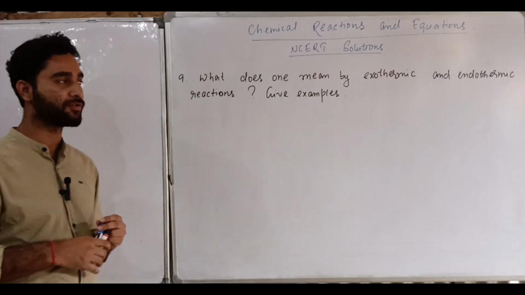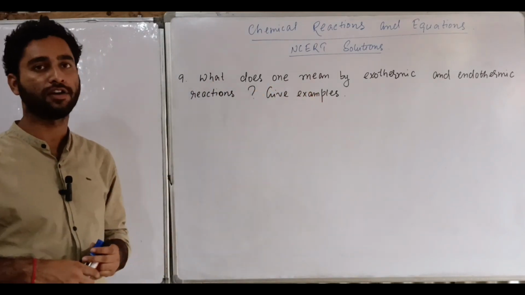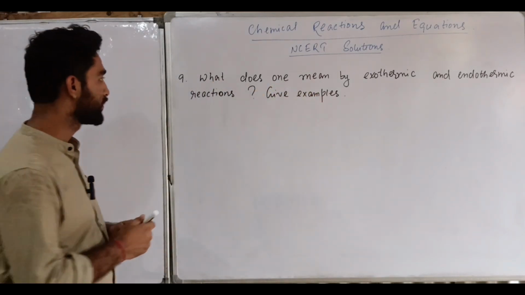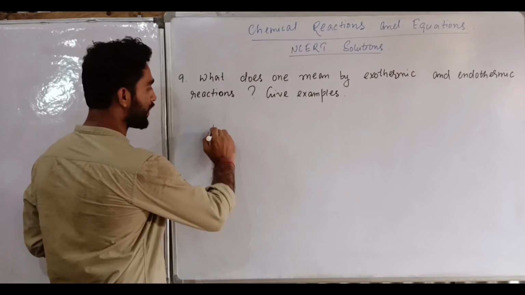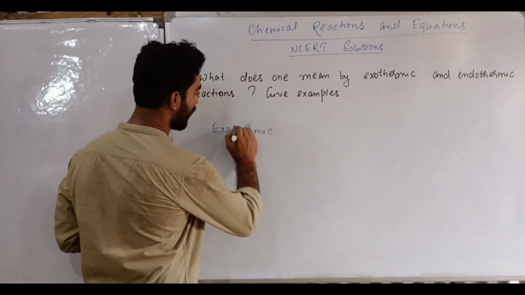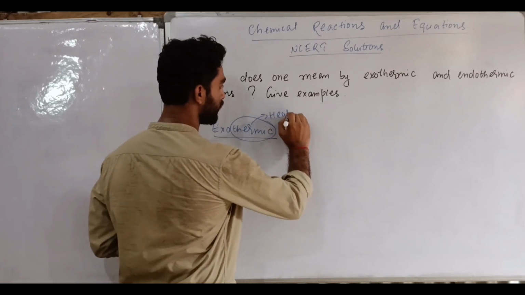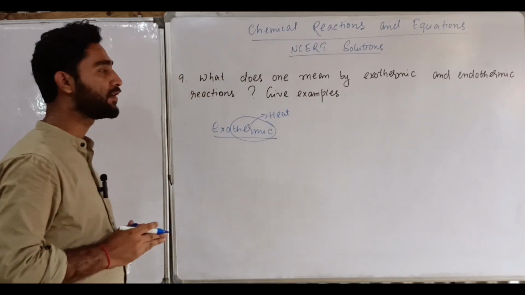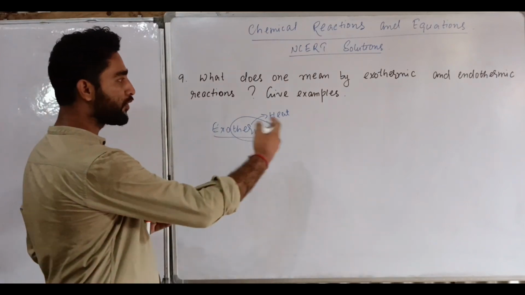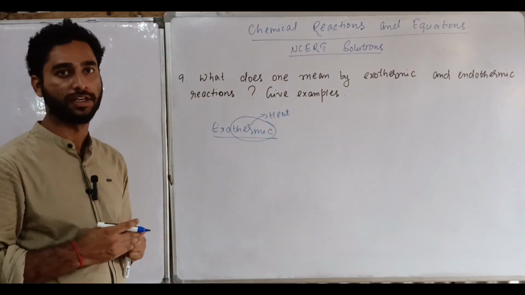Now let's see what is the next question. What does one mean by exothermic and endothermic reactions? So exothermic reaction: this word thermic is related to heat. In case of an exothermic reaction, when the product is formed, along with the formation of the product, some amount of heat will be released.